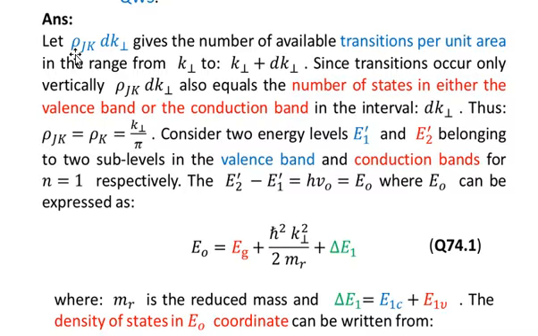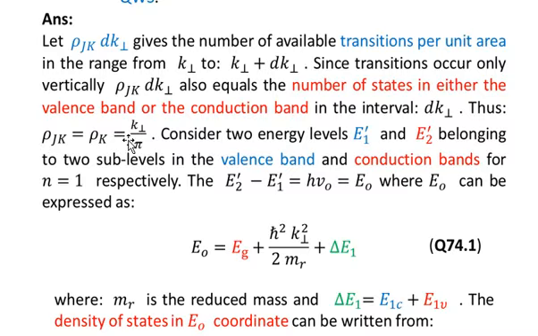So this term that we have defined, rho jk multiplied by dk perpendicular, actually gives you the number of states either in the valence band or the conduction band in the interval dk perpendicular. Thus rho jk is equal to rho k is equal to k perpendicular over pi. This is what we have calculated in the previous slides.